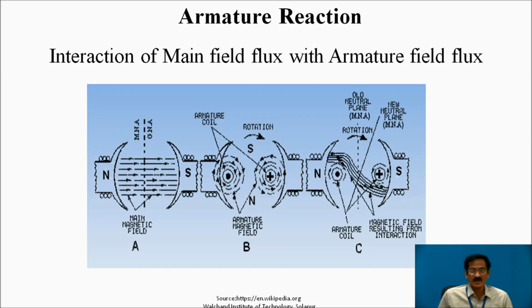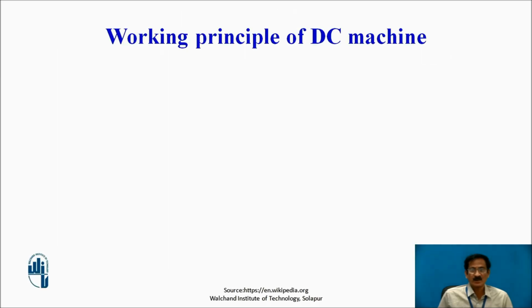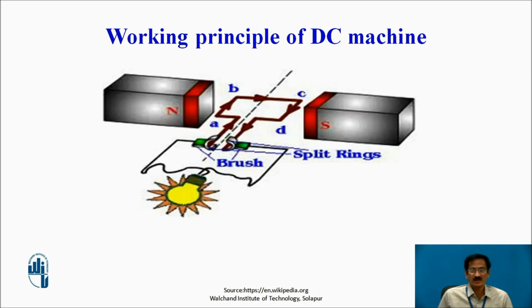The circular flux and the straight flux interact with each other, so that on the upper side of one conductor there is a unidirectional flow of flux and the force is exerted from that side. On one conductor the two fluxes are opposite to each other, while on the other, the two fluxes are in the same direction. The force is exerted upward. This is the working principle of the DC machine.